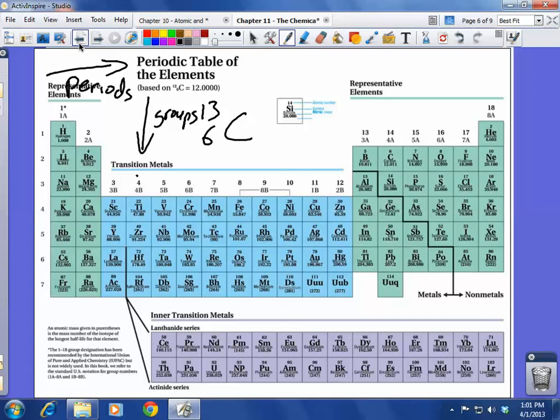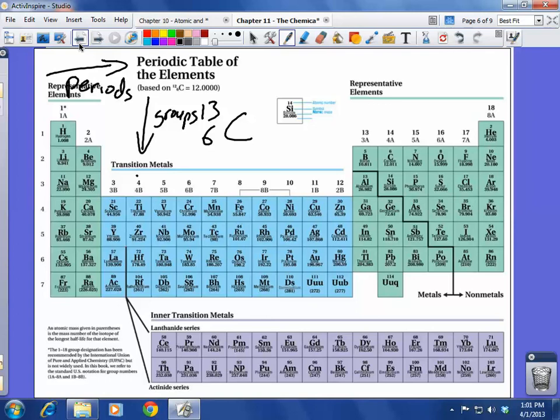So now I have 2. Well, I have 2 orbits all along here until I'm full, and then I go and I have 3, then 4, and 5, 6, and so on. So this period number here tells us how many orbits I have for these electrons. The group number tells us the number of valence, and the period tells us how many orbits.